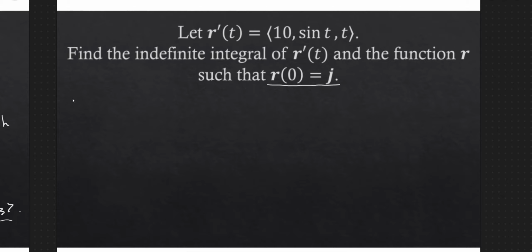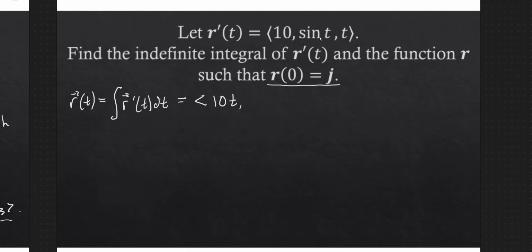So r of t is one of the indefinite integrals for r prime of t dt, which looks like this. I'll find an indefinite integral for each one of the components. So this is going to be 10t.